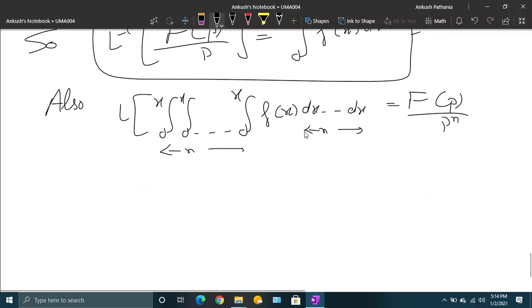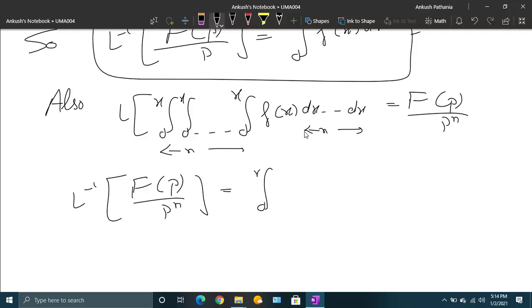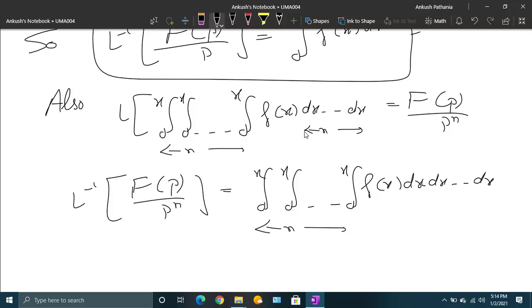So here, the Laplace inverse of F(p) upon p raised to power n is equal to the integral from 0 to x of f(x) dx, this is n times and this is n times.